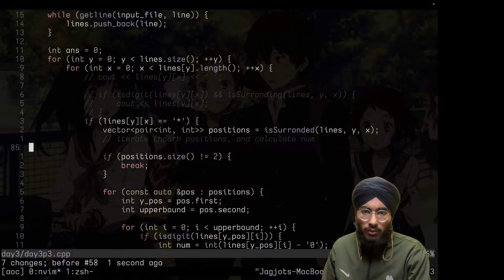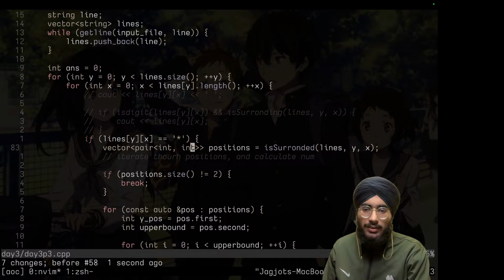what change did we do? It also changed this, I guess.